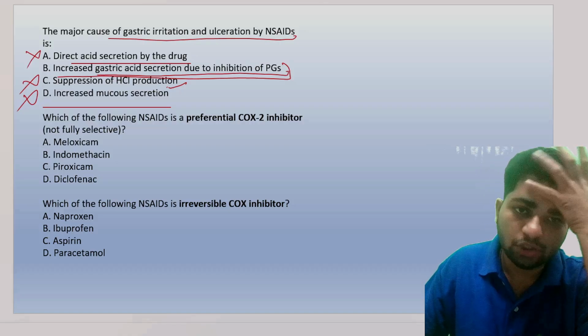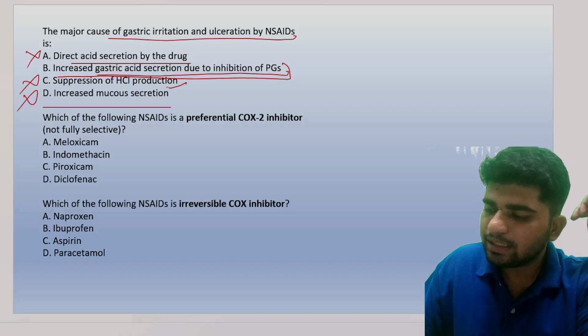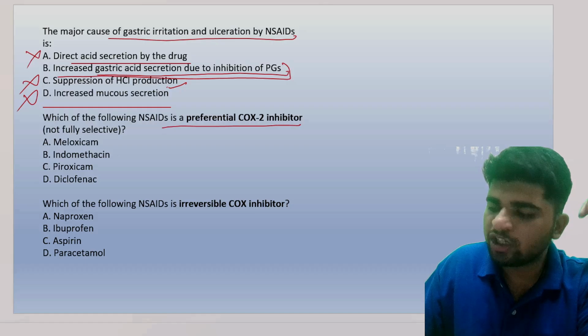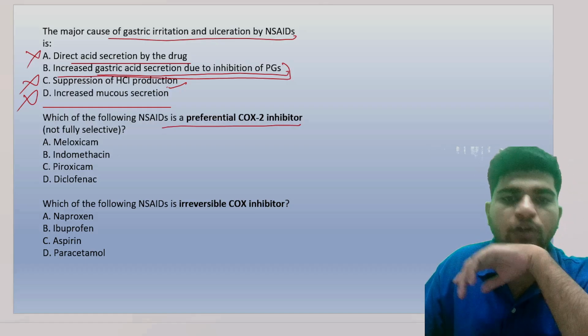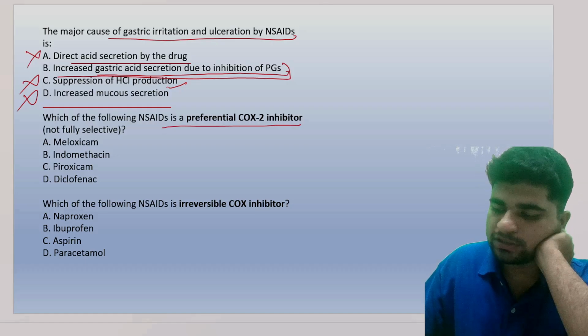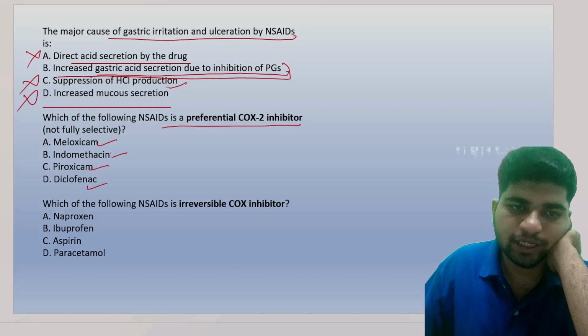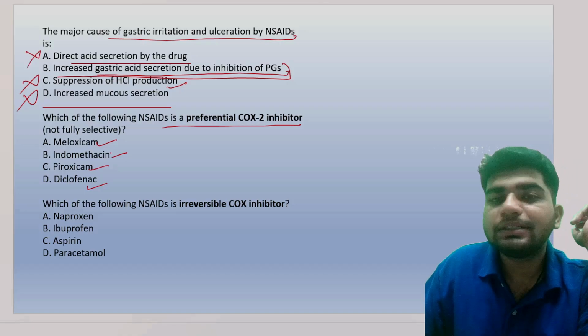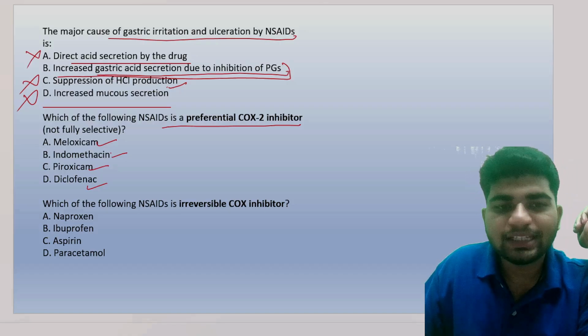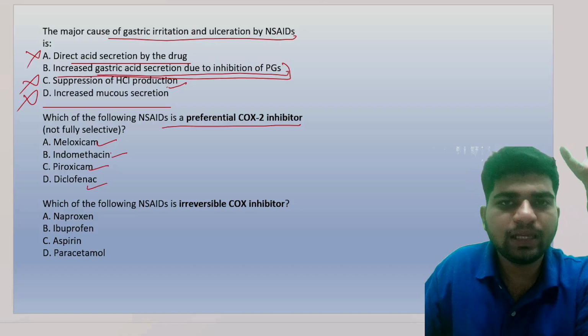All right. Which of the following NSAIDs is a preferential COX-2 inhibitor? Meloxicam, indomethacin, piroxicam, diclofenac. What is it? That one you have to tell me in the comment section. I'm not going to tell this answer because it was already answered in the second or third slide.